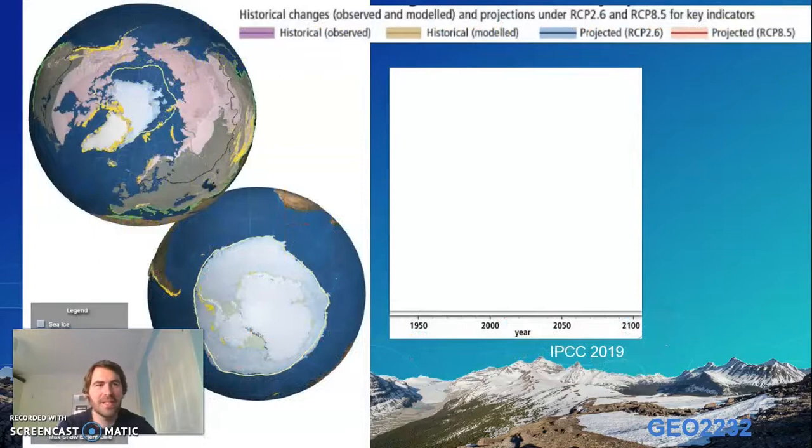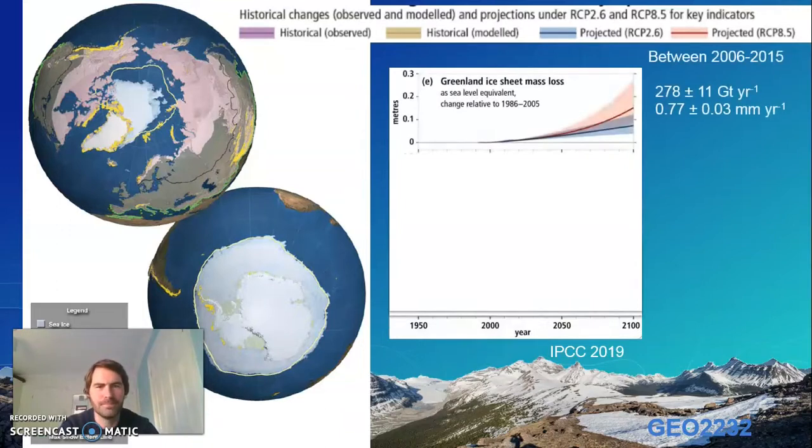So let's return to the IPCC Special Report on Oceans and Cryosphere to look into the contributions of sea level rise from the ice sheets and ice caps between 2006 and 2015. So let's look at Greenland. The ice sheet lost an average of 278 gigatons per year, so that's equivalent to 0.77 millimeters per year during that time period.